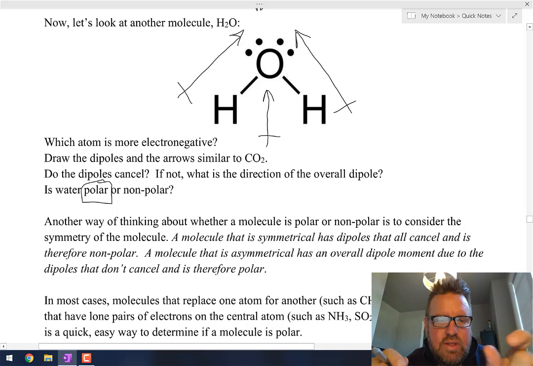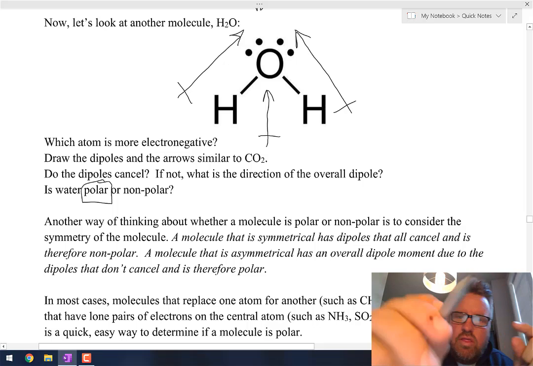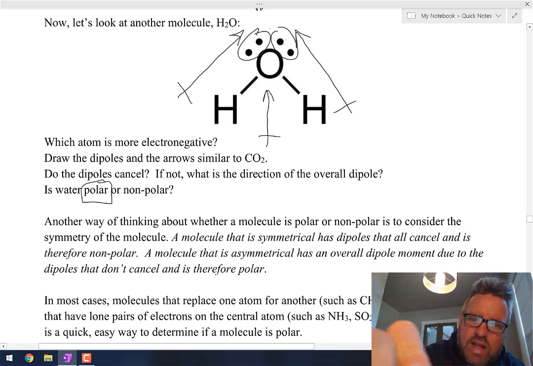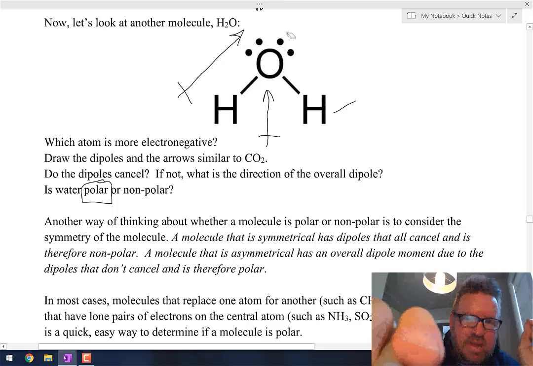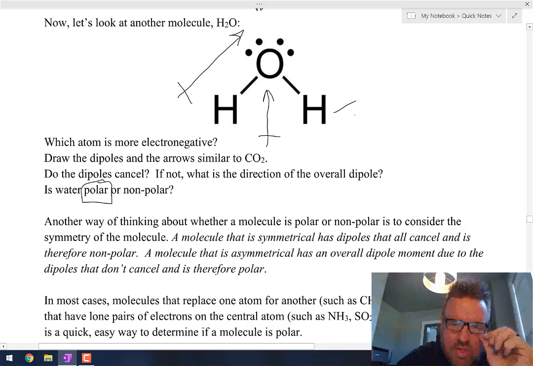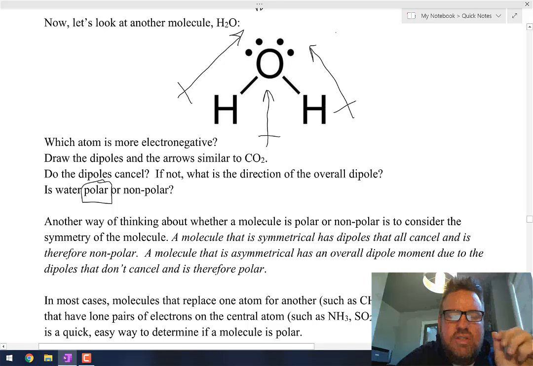Then in my explanation, I would say that water is polar because the lone pairs of electrons on that central atom, and that's going to become important here in just a minute, create an asymmetrical molecule so that the dipoles don't cancel.